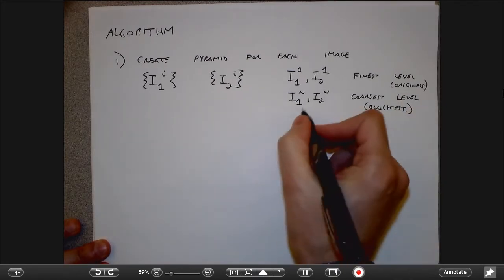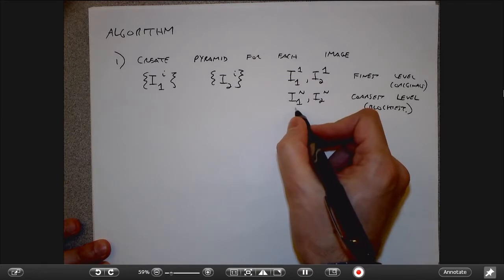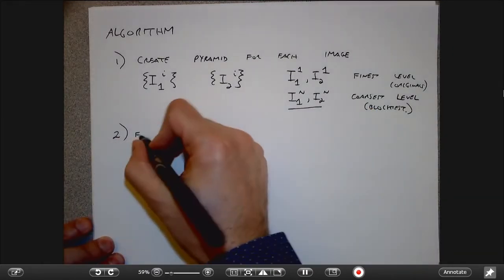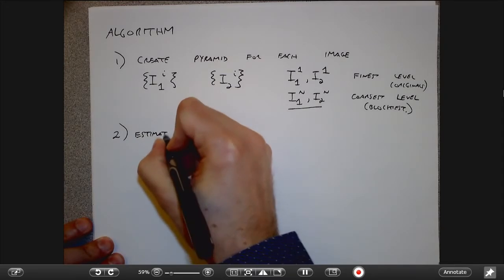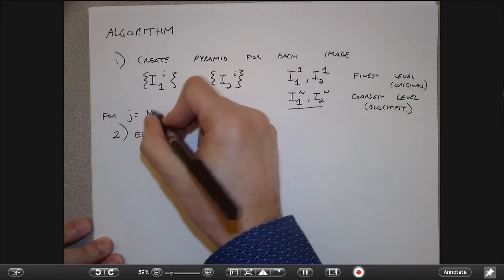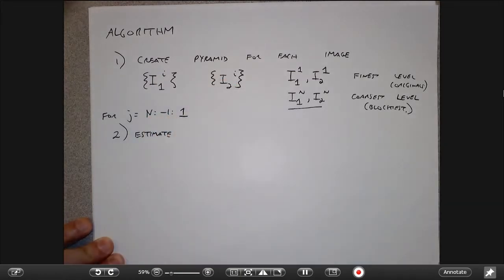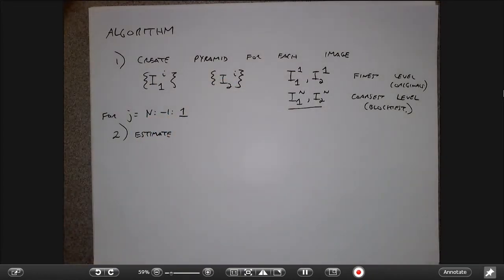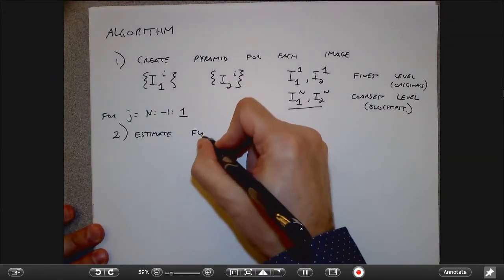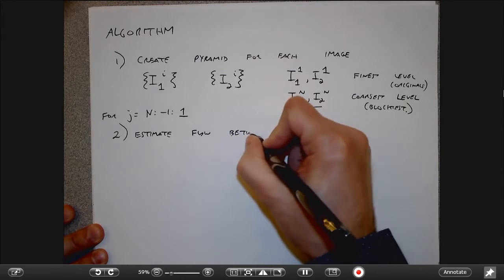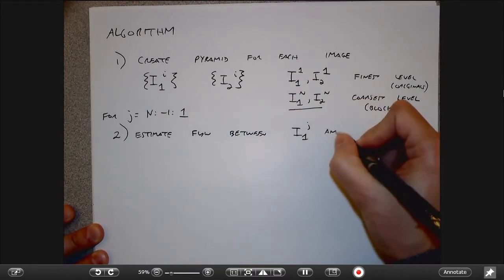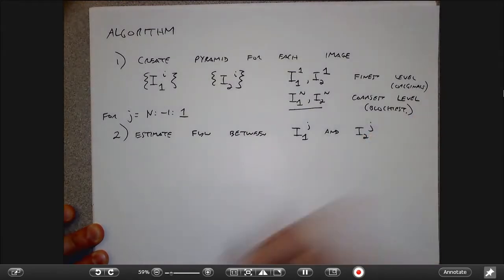And so the idea is that, okay, let's suppose that I start with these two guys, right? So now I'm going to estimate. This is going to look something like, for j equals n, I'm going to start at the lowest level, the coarsest level. I'm going to work my way back up to the highest level, right? So I'm going to estimate the flow between I1 sub j and I2 sub j, right?